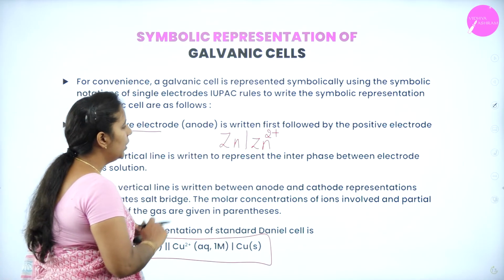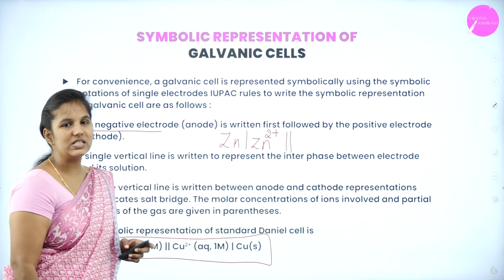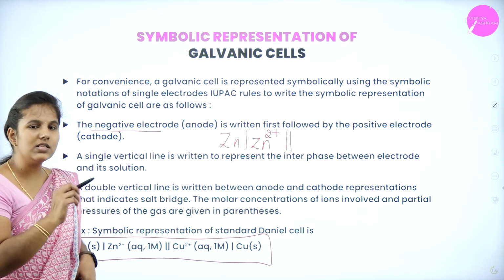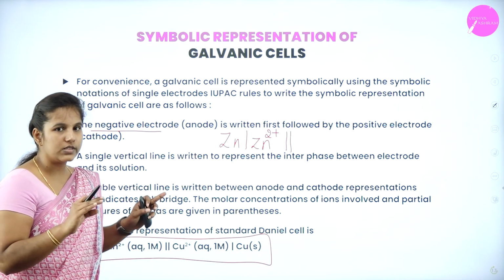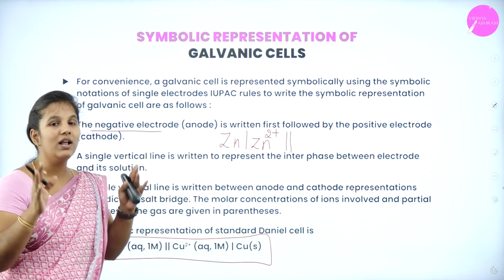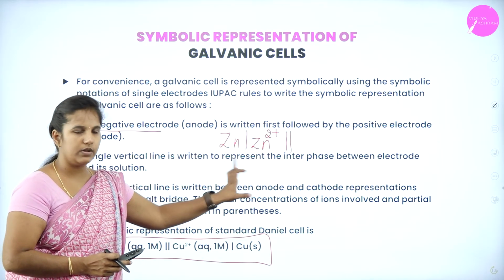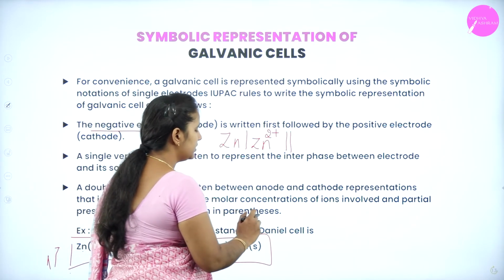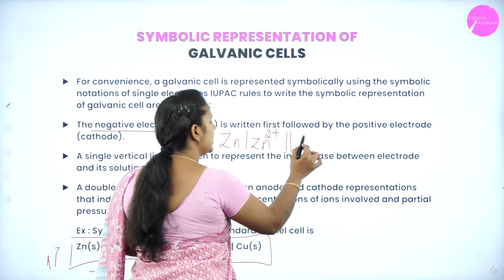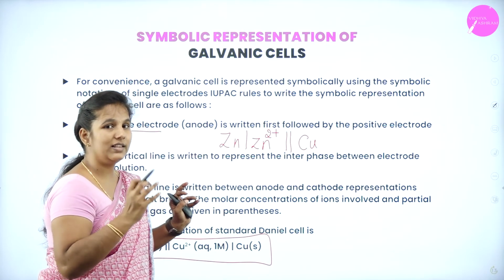After this, we represent 2 vertical lines, which show that the anode and cathode solutions are separated by the salt bridge. After this, we say which solution is used on the other side.